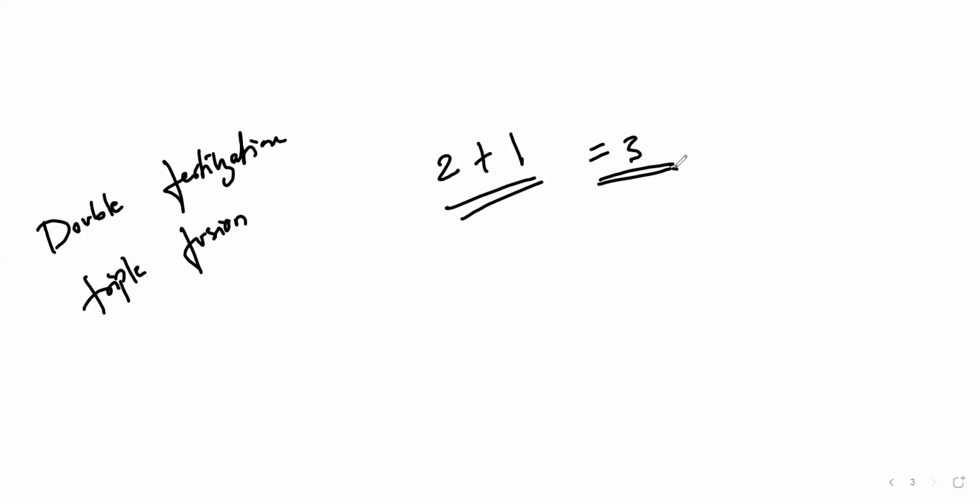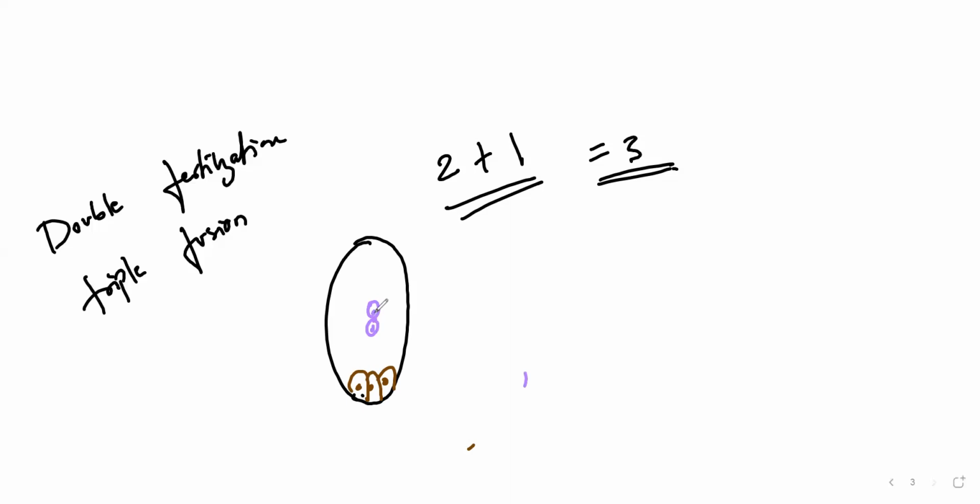Hence the name of this fertilization which happens in a flowering plant is double fertilization, triple fusion. Usually if you see an egg apparatus, it will have eggs over here, plus two polar nuclei will be there.